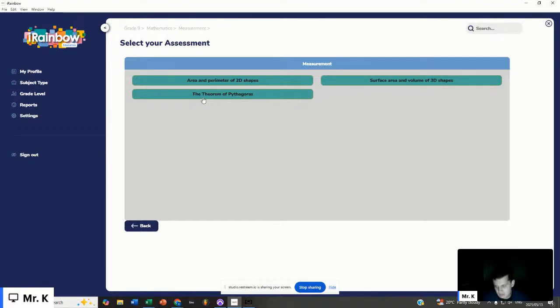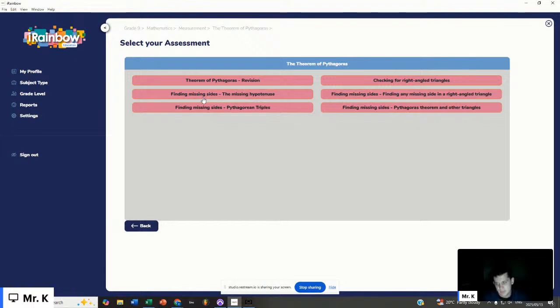So we can click on the theorem of Pythagoras, and then under that section, you will see that there's actually quite a few subtopics that come out of that, okay? I would recommend that you guys go ahead and try all of these quizzes. They are not hard, guys. They really are not. But I would recommend using the information that I've given you today to help you find the answer to these questions.